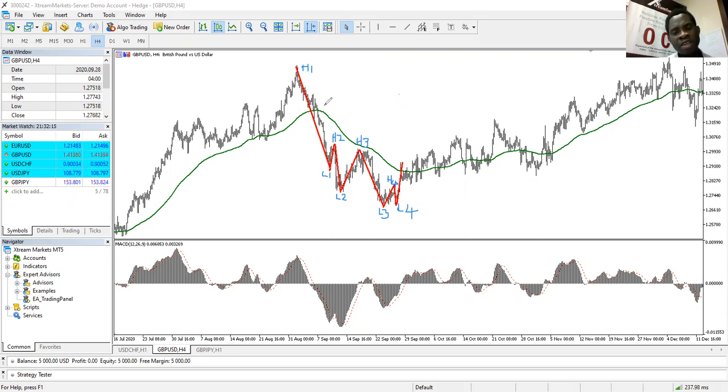Okay, so in a downtrend, you see something like this: lower high, lower low, lower high, lower low.